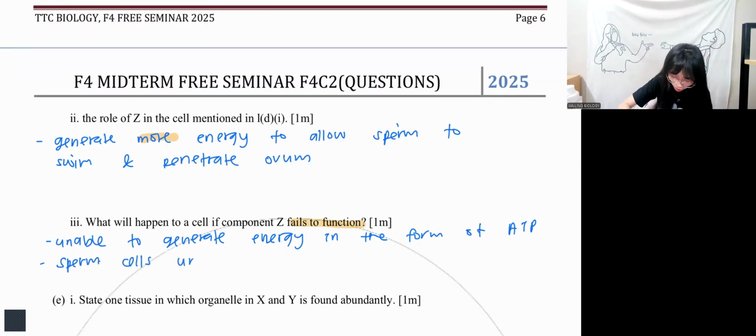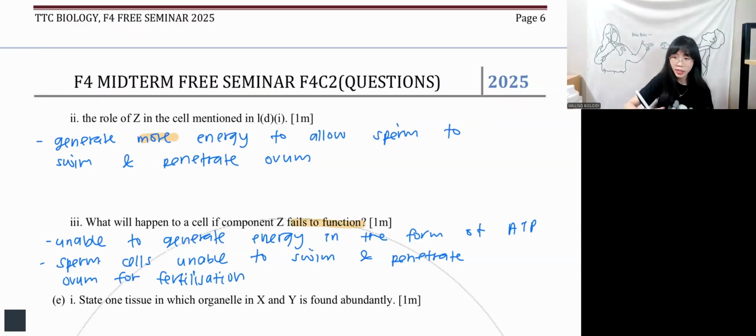Sperm cell unable to swim and penetrate ovum for fertilization. So as you can see, unable, cannot, unable. If the question is 1, 2, 3, then the question is continuous related, yes. When they put A, 1, 2, 3, right, usually they are related.